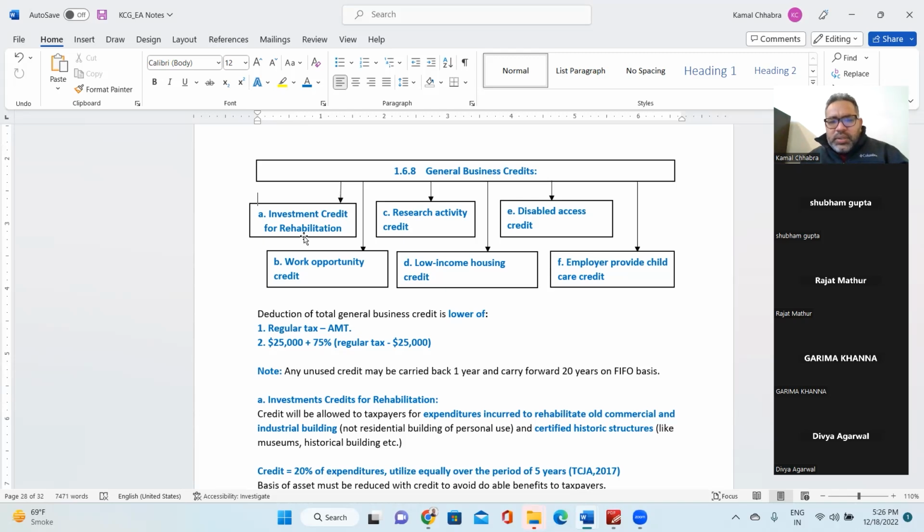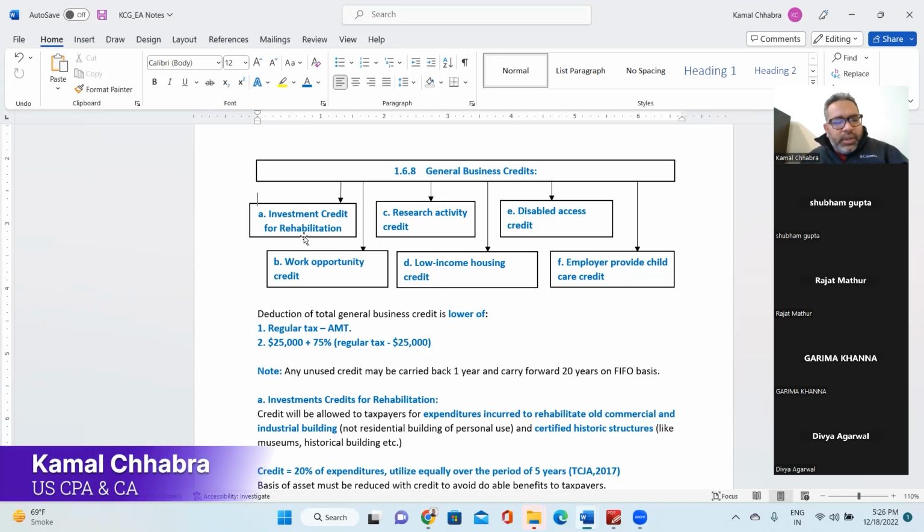And then the last one is the employer-provided childcare credit, where companies like EY, PwC, and other big companies have separate childcare facilities in their office where employees can drop their kids, and there are nannies and stuff for the kids to play around with.